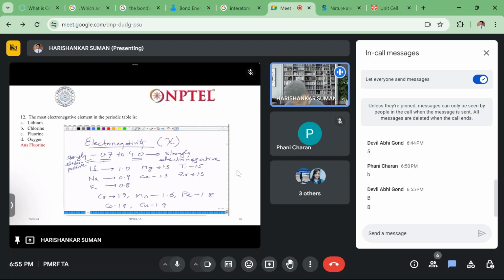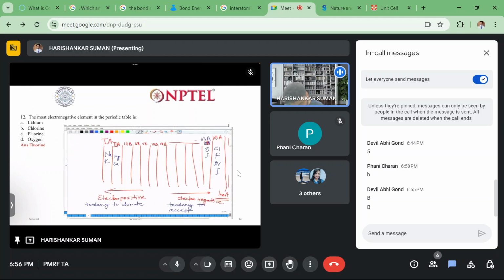Electronegativity here is chi, for strong electron positive. You can see 0.0, minus 0.7 to 0.4, strong electronegativity. These are the reference lines, and in the periodic table electronegativity is higher like that, and above also is higher.